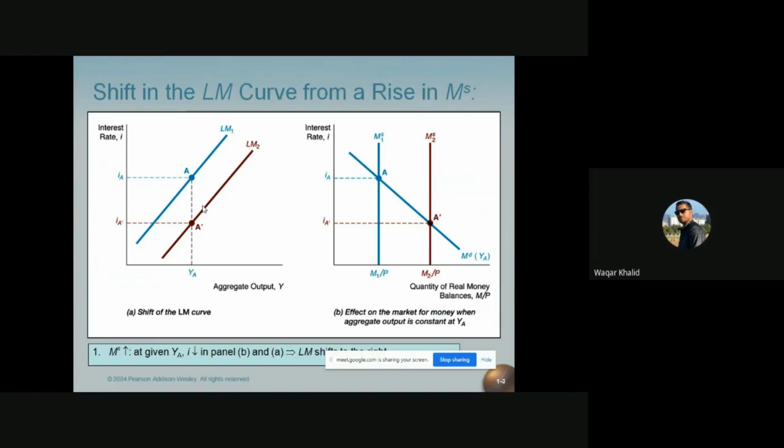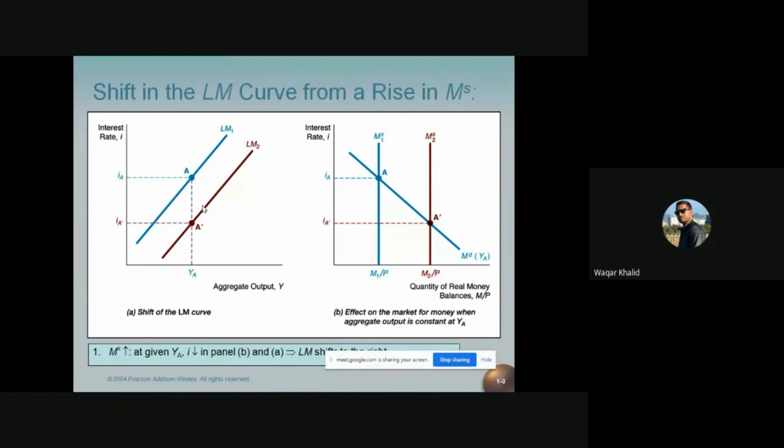Now, we have the second important factor, which is known as autonomous changes in money demand. That is how autonomous changes in money demand change the original position of the LM curve. For example, the theory of asset demand indicates that there can be an autonomous rise in money demand.